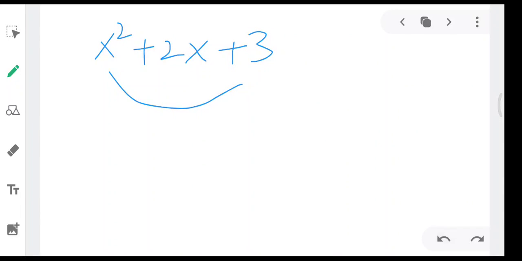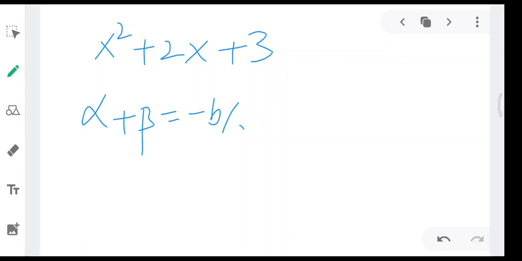So what we should do is find the sum and product directly by using the formula. What was alpha plus beta? It was minus b by a, and alpha into beta was c by a. So what are a, b, c here?